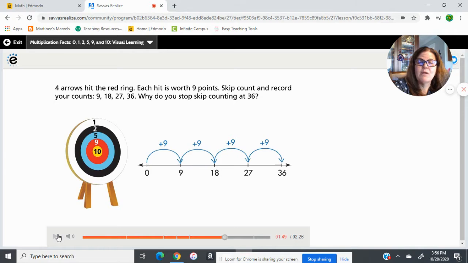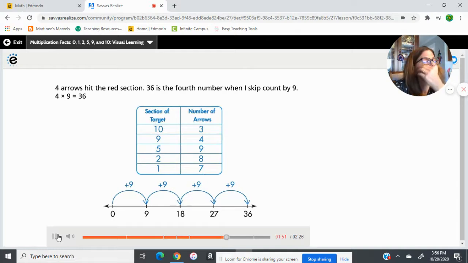Because we said there were 4 arrows and they're in jumps of 9. So then you would stop at 36 because that's 4 arrows. You don't need to go any further. 4 arrows hit the red section. 36 is the 4th number when I skip count by 9. 4 times 9 equals 36.